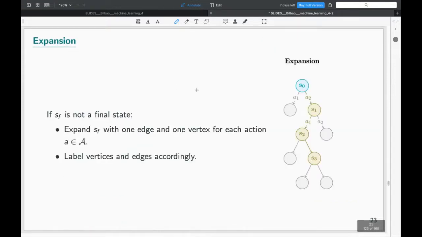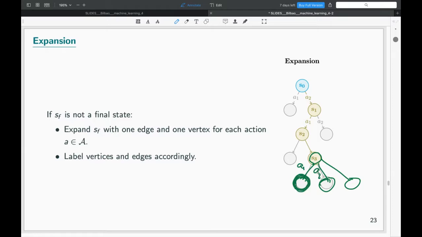Okay, expansion is very simple. You have made some selection, you have reached a final state, and now you simply add all possible children of this state. So for each action, you add the resulting state of taking an action at the leaf node. So if you compute what happens if I take A1 at state S3, I move to this state, so you put this state in your tree.